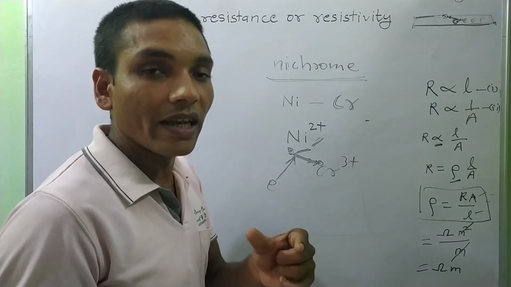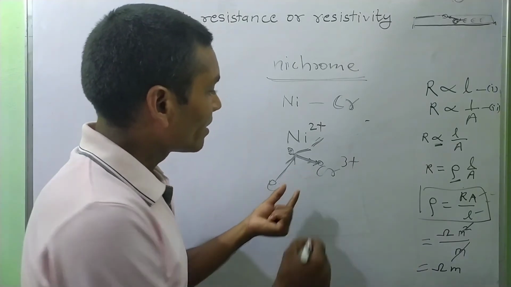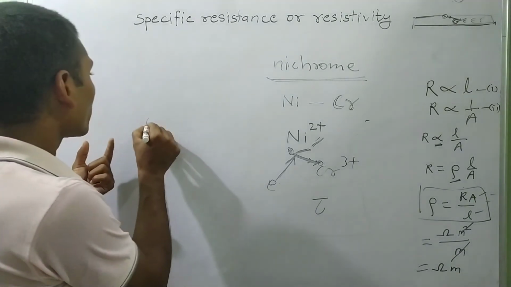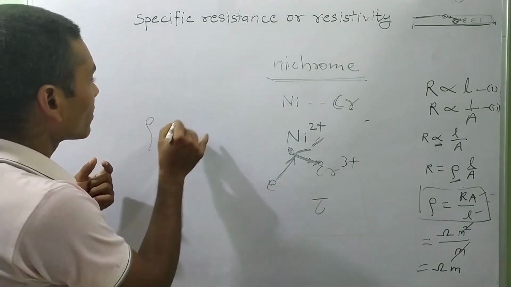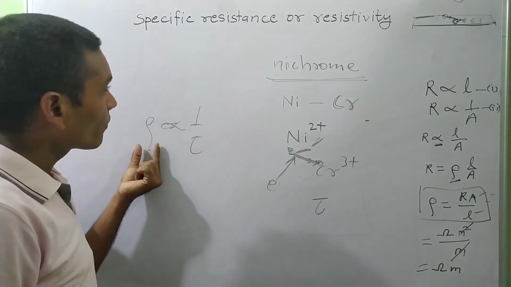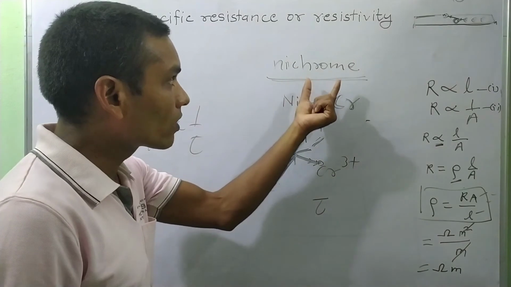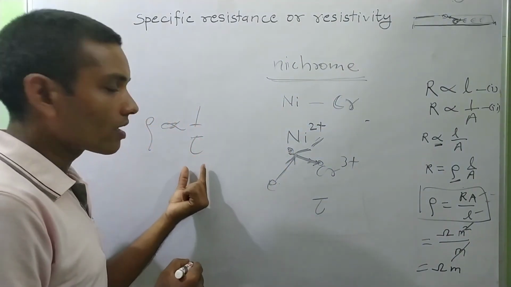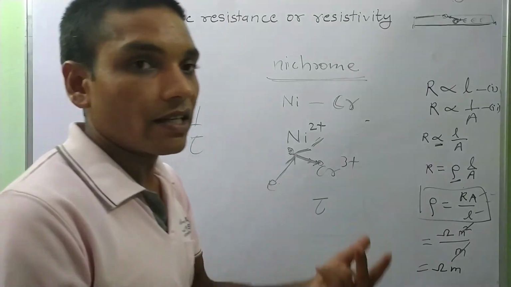That's why, when relaxation time decreases, from this formula, 1 upon tau, the resistivity of the alloy nichrome will increase. When tau is decreased, rho will increase.